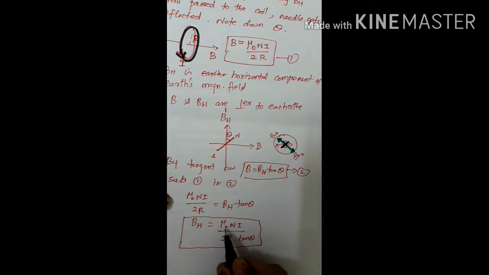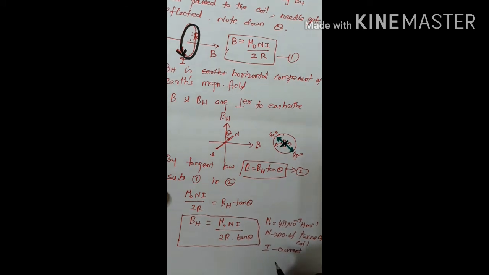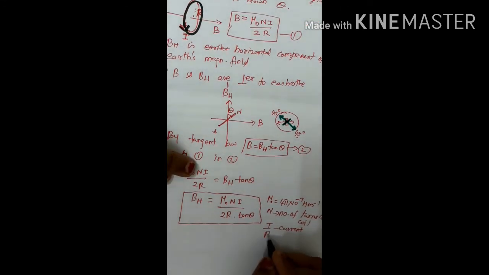Mu naught is the permeability of free space, and you should know its value, that is 4 pi into 10 power minus 7 Henry per meter. N is the number of turns of the coil. I is the current you pass through the coil. And what is r, children?